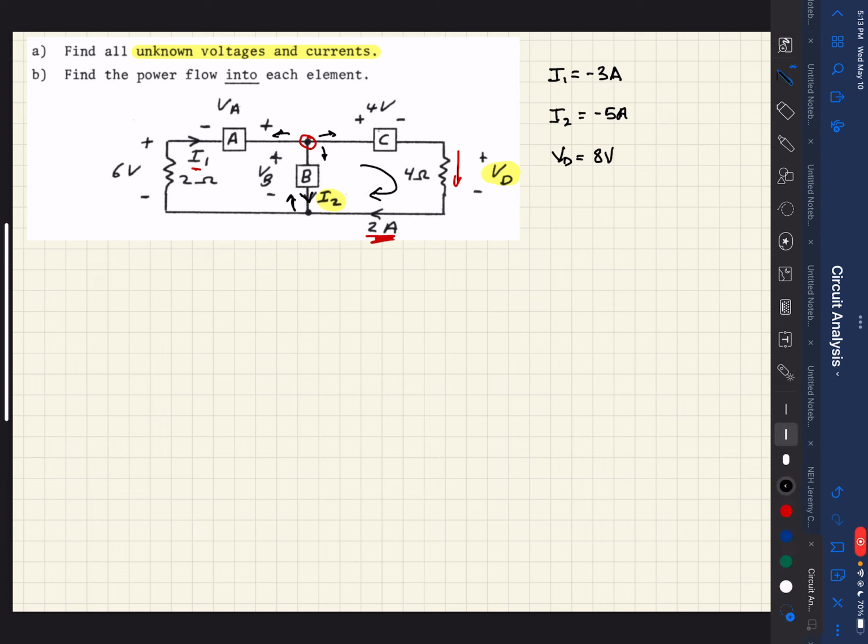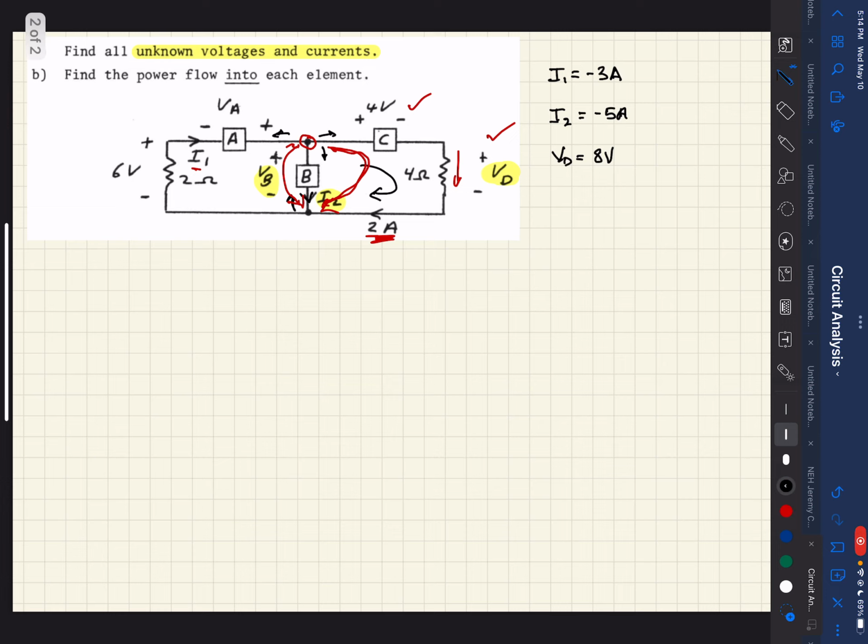Another unknown that we have is this voltage here, V sub B. The voltage across V sub B, going from this direction to this direction, should equal the same voltage as going around this loop and getting to that same point. It's got to be equal. The only things we have going in this direction is this known voltage, and we calculated VD, so we should be able to determine that.